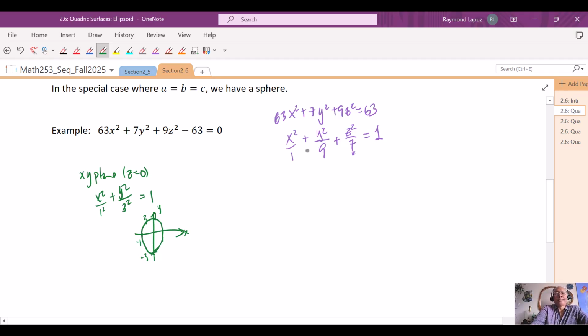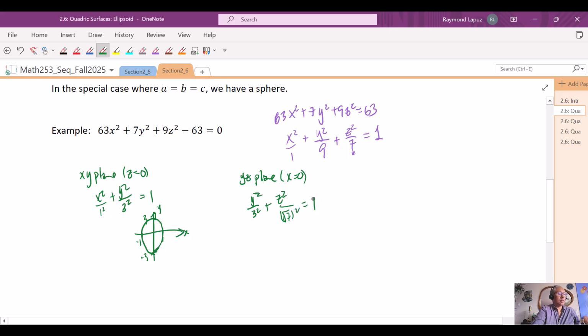Alright, now let's take a look at the yz plane, and that happens when x is equal to 0, and I would get y squared over 3 squared plus z squared over square root of 7 squared equals 1.